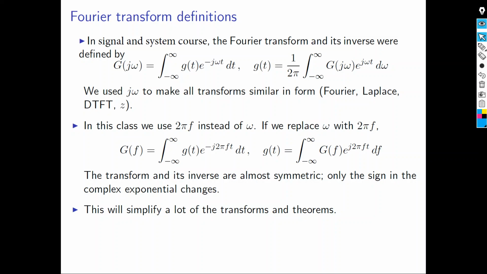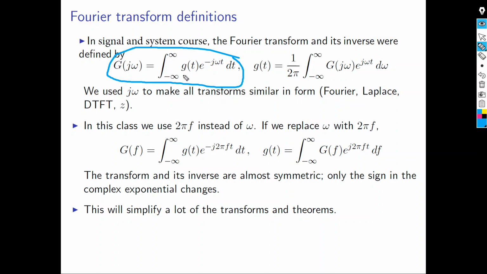So, Fourier transform definition. In Signal and System course, the Fourier transform and its inverse were defined by the following equation. Yes, you remember this equation we used to deal with. We used to say find G of jw in the frequency domain, and w in this case is equal to 2 pi f.